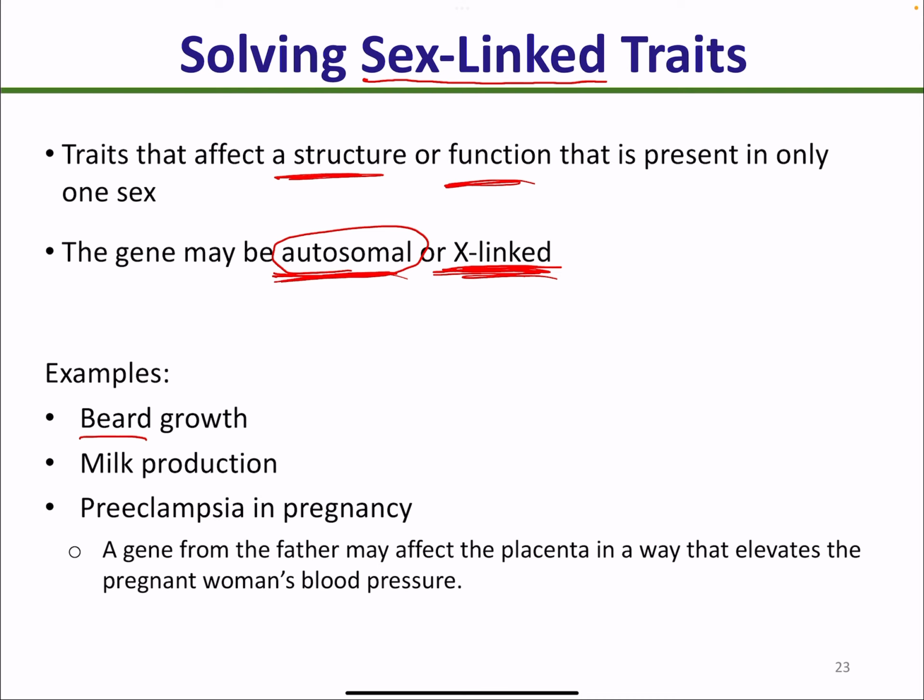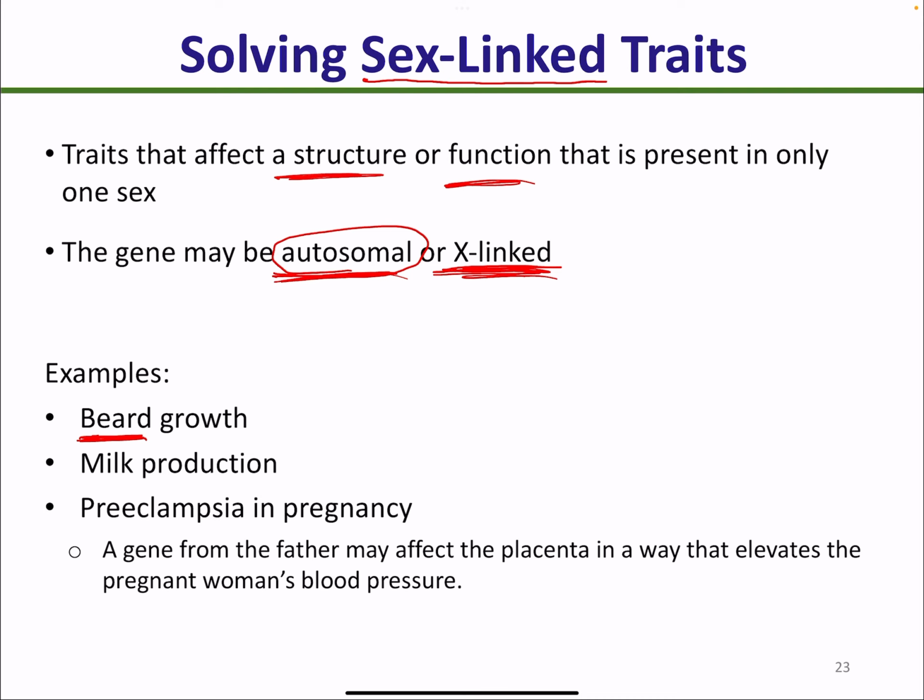The beard growth is carried by a chromosome, and inasmuch as that feature occurs only in one sex, then it doesn't really matter whether this gene is carried by an autosome or an X-linked gene, right?